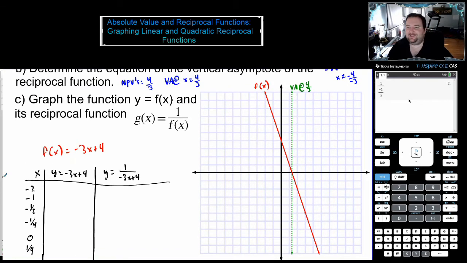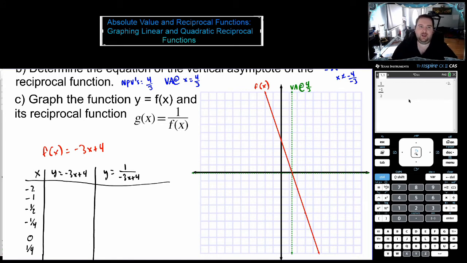The faster way of doing this is using your knowledge of how reciprocal functions are going to look. So I know that I have another asymptote, a horizontal asymptote right here at y equals 0.